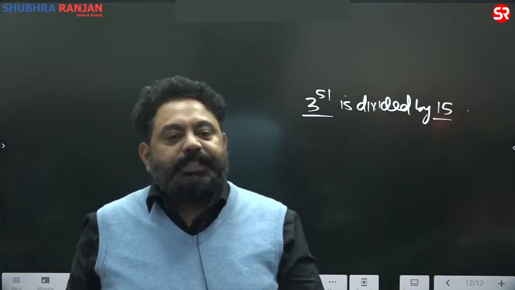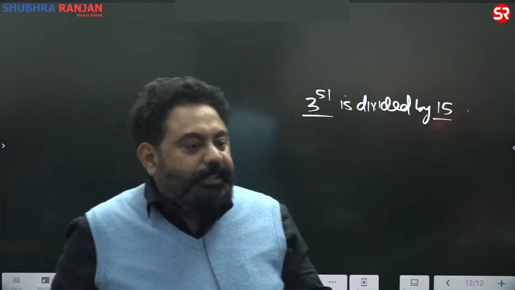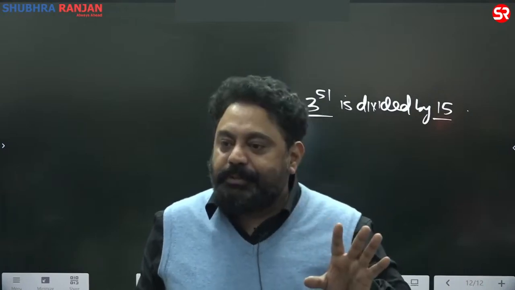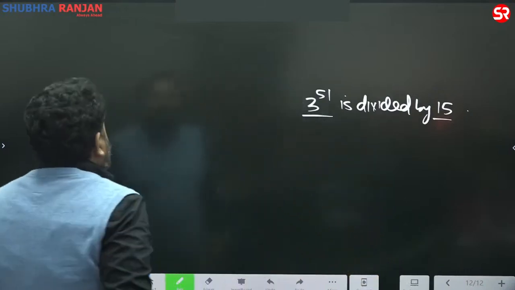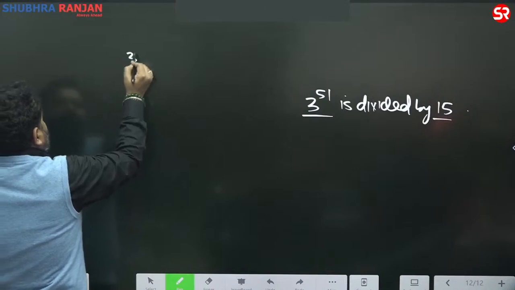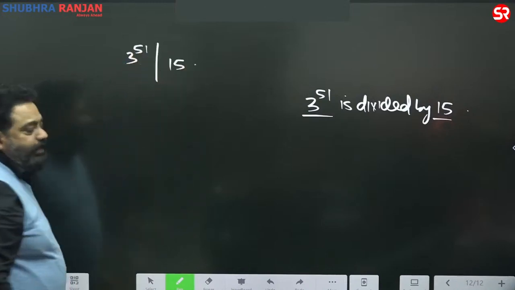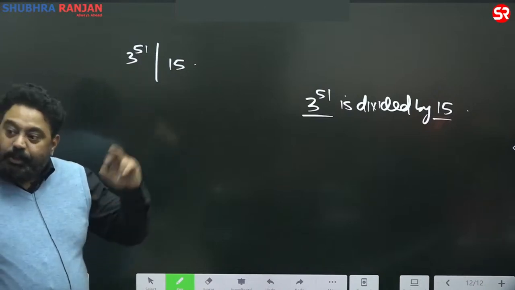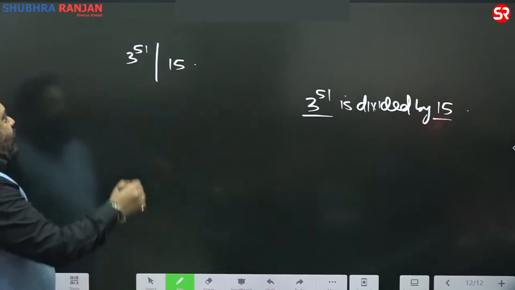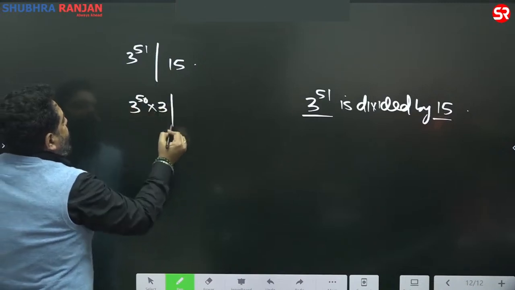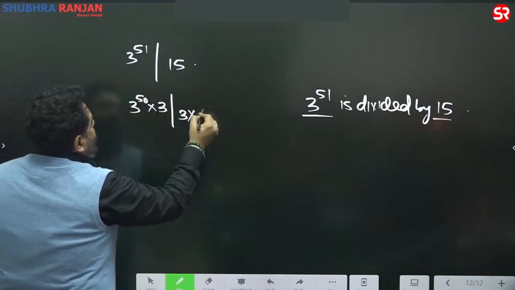So, if there is a common factor between these two, what you have to do? And then we will do PYQs. They have been giving common factors in all the questions. So, see this. 3 to the power 51 is divided by 15. Straight line says is divided by, it is not upon. Which is 3 to the power 50 into 3 divided by 3 into 5.